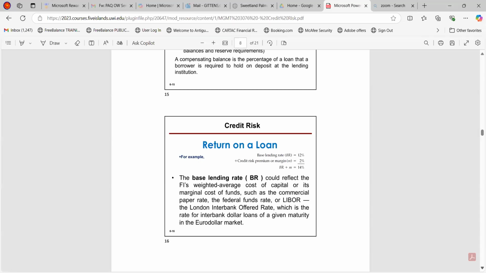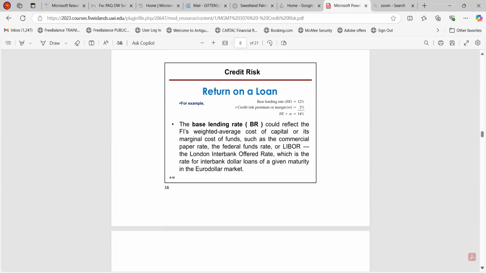So whatever cost that financial institution is incurring. And the cost of funds could be the commercial paper rate. It could be the Fed funds rate in the United States. It could be LIBOR, which is London Interbank Offering Rate, which is used in London. It could be the rate that it has to pay on other loans.